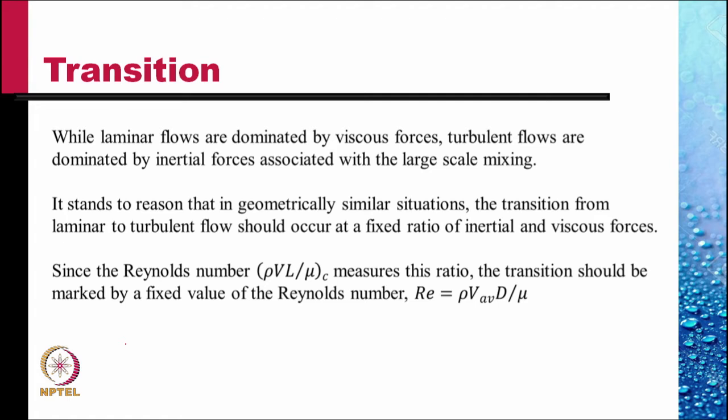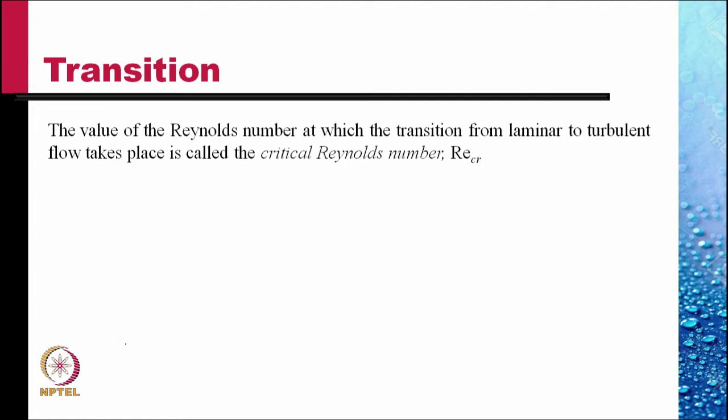Since the Reynolds number measures this ratio, the transition should be marked by a fixed value of the Reynolds number, which is defined as rho V average d, the diameter of the tube, divided by the viscosity of the liquid. The value of Reynolds number at which the transition from laminar to turbulent flow takes place is called the critical Reynolds number, Re_cr.